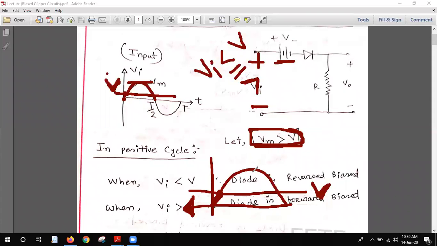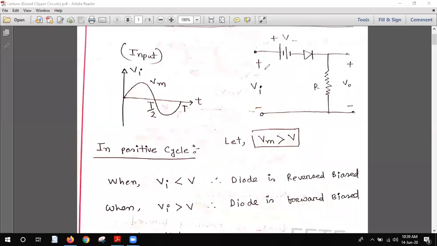When V is greater than Vi, the effect will be of V. So my main goal was to say that initially Vi is less than V. So that's why at that time the effect on the diode will be of the DC voltage V. At that time this will be minus, this will be plus, so it will be reverse biased.